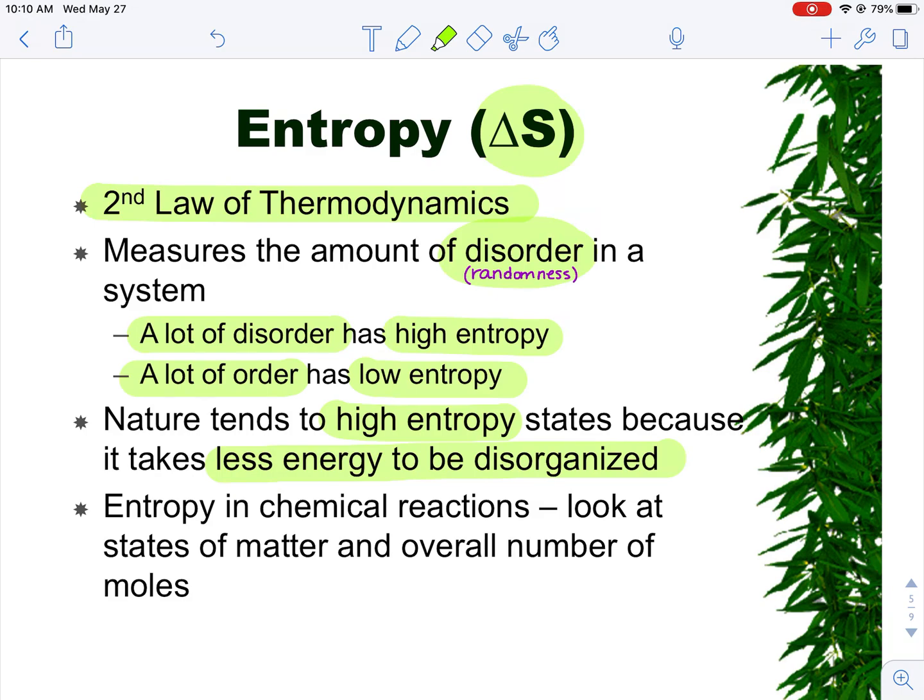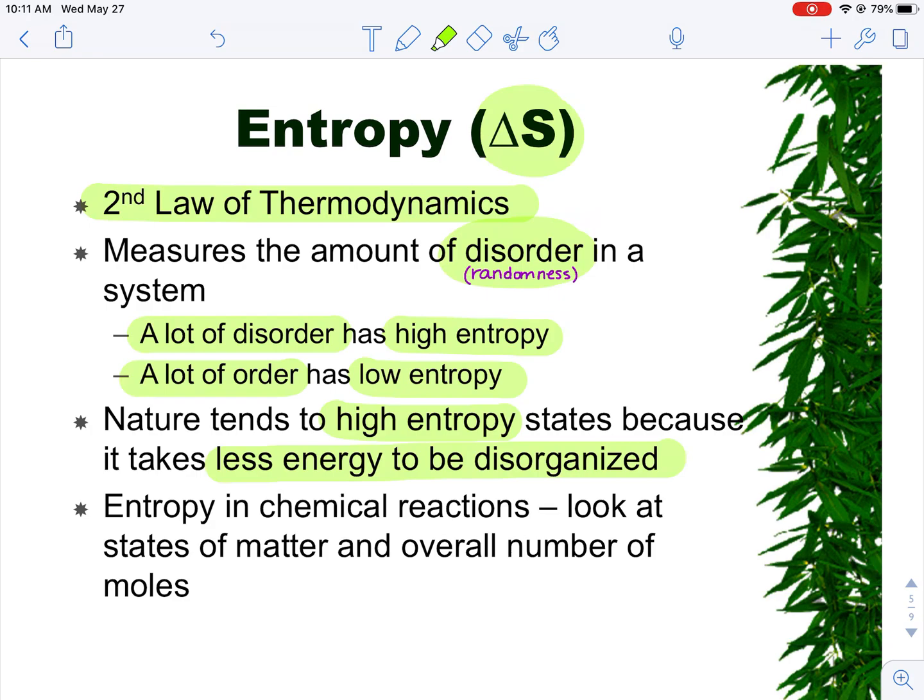It is really easy to be disorganized or messy or random or have a lot of disorder. It takes energy to be neat or ordered. Oh my gosh, you have to bend down and pick up your clothes and actually put them in the laundry basket. Oh, it takes so much energy. Ha ha ha. So nature likes things that are in high entropy states, or random or disorder, because it takes less energy.